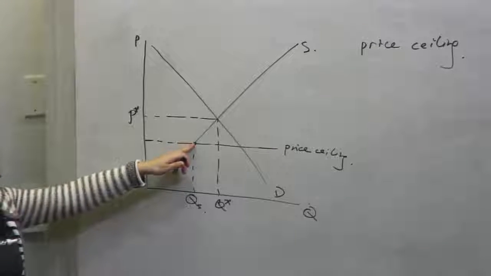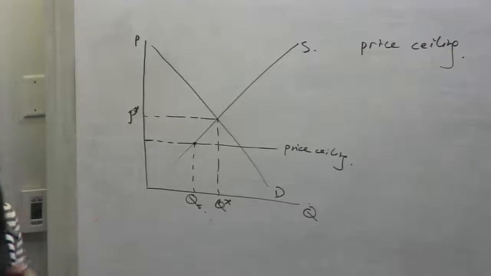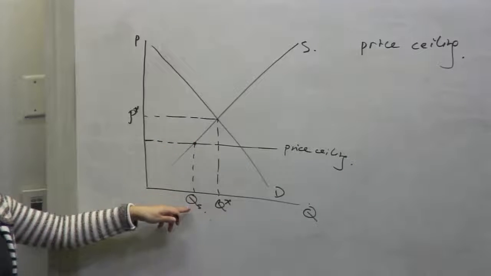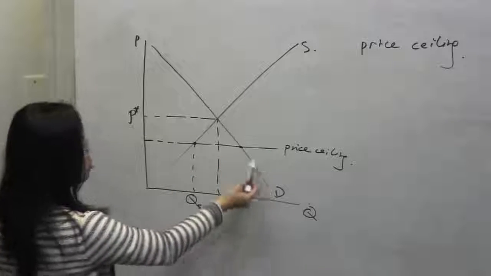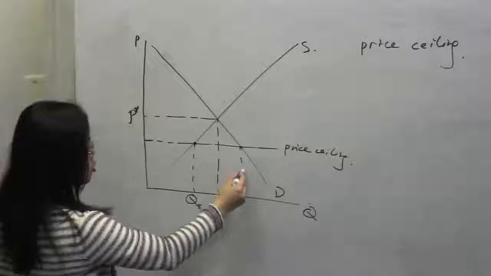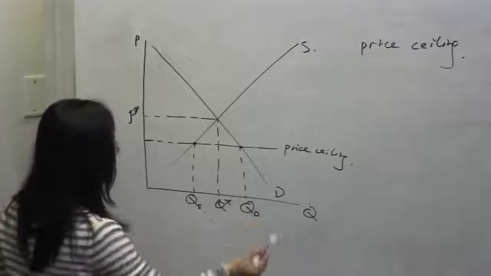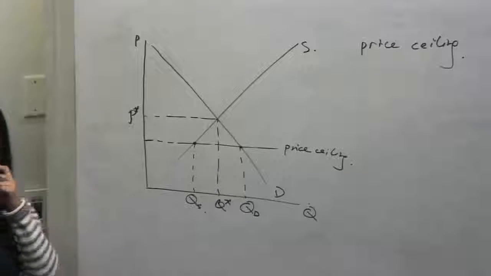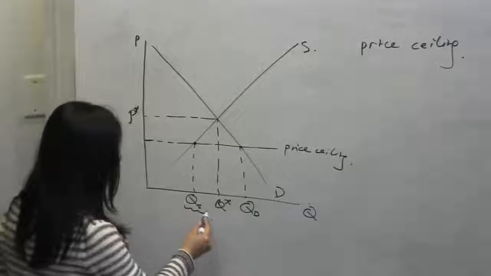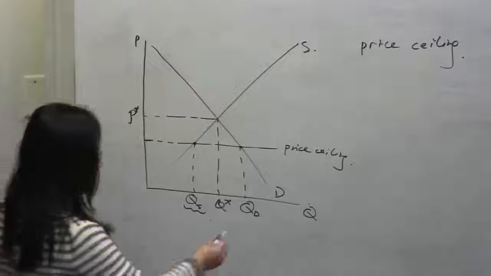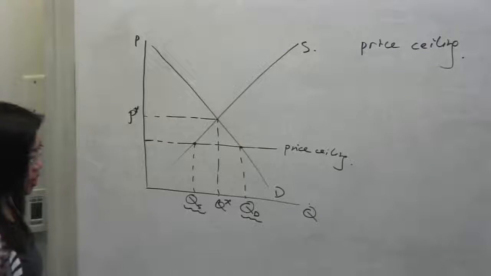Because that's the point where this price touches the supply curve. And this point is where the price touches demand, so this represents quantity demanded, right?